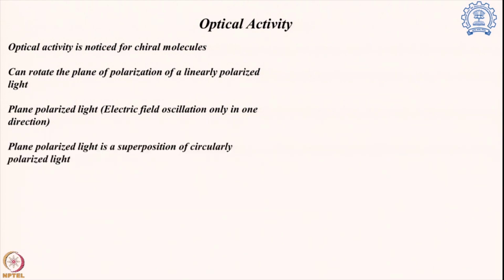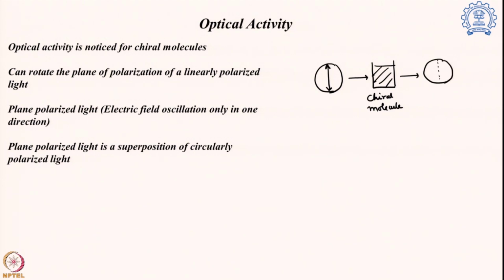Now if this plane polarized light passes through a molecule which is chiral in nature, say this is my plane polarized light where it started from, it passes through a sample where I have a chiral molecule, and at the end, instead of being present in the original position, we see it actually rotates.